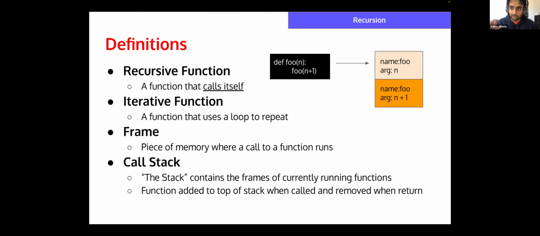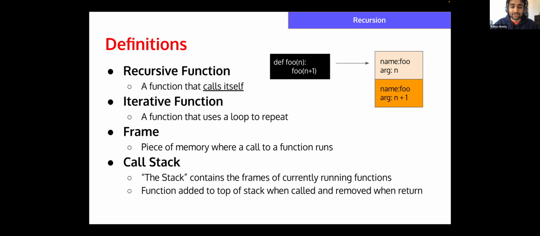And we'll also be referring to the call stack, or the stack as some people call it. This is similar to the stack data structure that you might be familiar with, but this is an internal structure that basically contains the frames of currently running functions.